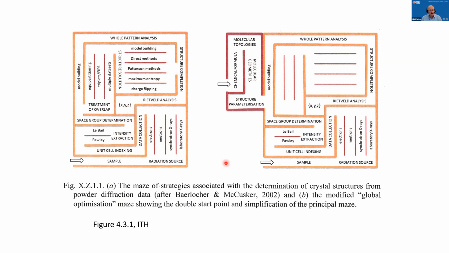And Bill's chapter is basically about bolting on another box to the maze where we can use chemical information. And we'll talk about this when we discuss Monte Carlo simulated annealing. But the maze is a good analogy for the process sometimes. There are false starts and bottlenecks.